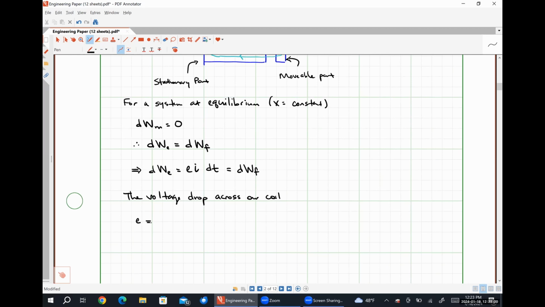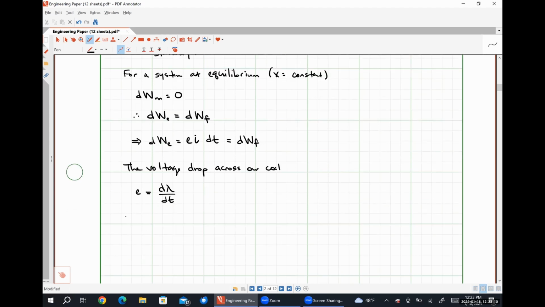E is simply equal to the derivative of our flux linkage with respect to time. And from this, we can say that our electrical energy is the derivative of our flux linkage with respect to time, multiplied by current and the differential time element dt, and the two dt's are going to effectively cancel each other out.